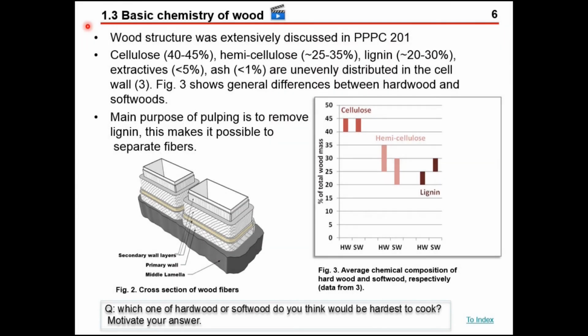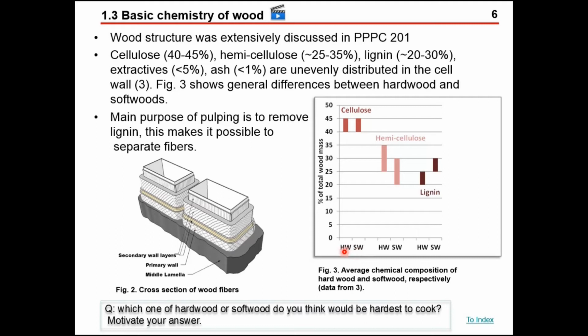Okay, let's remind ourselves quickly of a little bit of the chemistry of wood that we've discussed in your S2 course. First of all, we said that the lignin is around the fibers and binds the fibers together, and that the percentages of the lignin versus the hemicellulose and cellulose are different for hardwoods and softwoods.